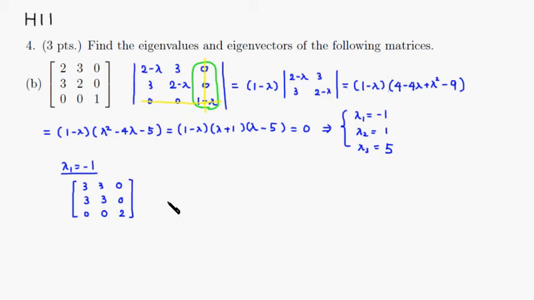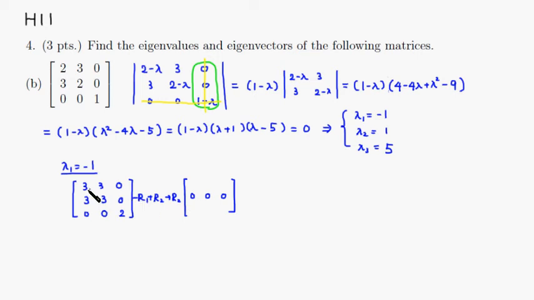Then we can easily row reduce this. First I'm going to subtract row 2 from row 1, and that's going to be the new row 2. Then you get a matrix: 3 minus 3, 0, 3 minus 2, 0, 0 minus 0.